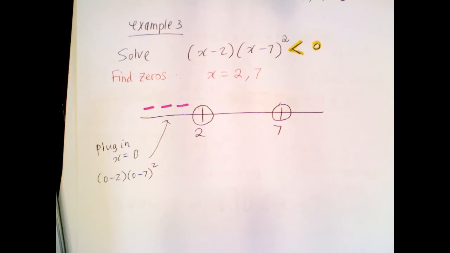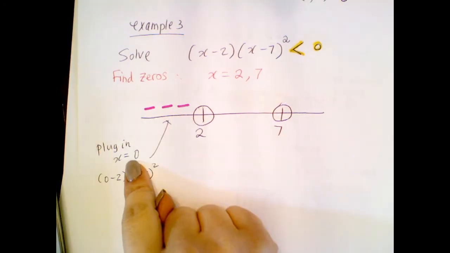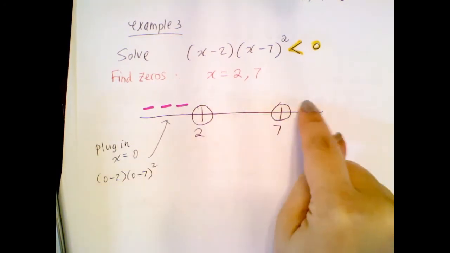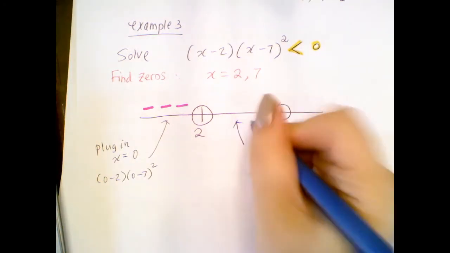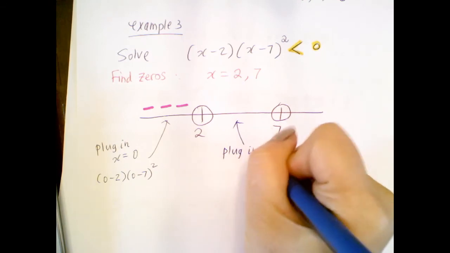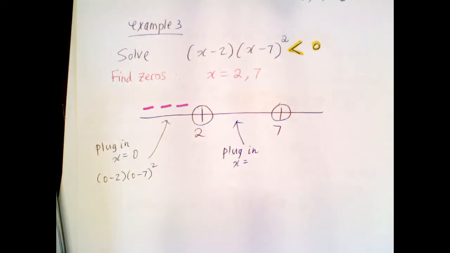Alright? So I'll write down this side was negative. Now, if you're being kind of a little careless, you're just going to stop plugging in points and you're going to say, oh, this will be positive and this will be negative, and that will be wrong. So I want to show you why. So this one, let's plug in x equals, what's the number that's in between 2 and 7? For some reason, I want to use 5. And 5 is fine.